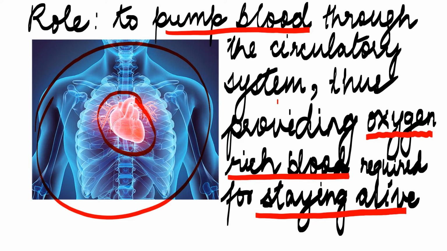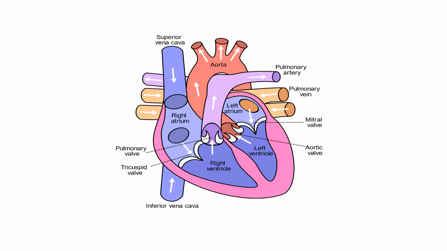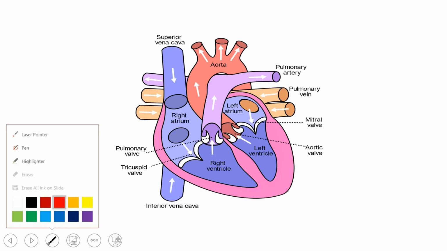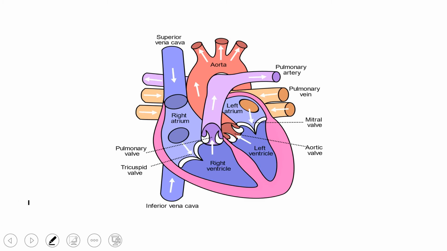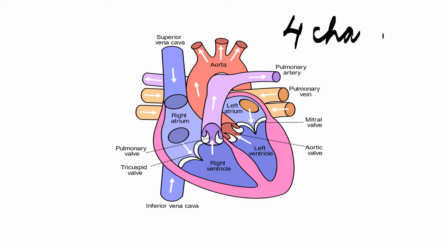All right, so let's see what's there in the next slide. Before we get to know how the heart works, we need to know something about the parts of the heart. There are four chambers.